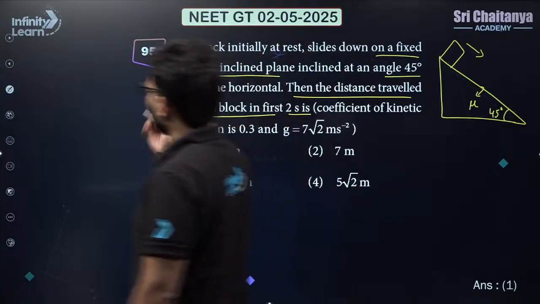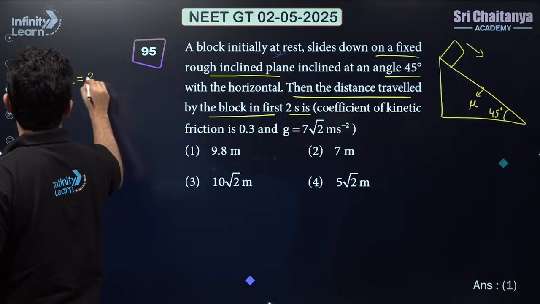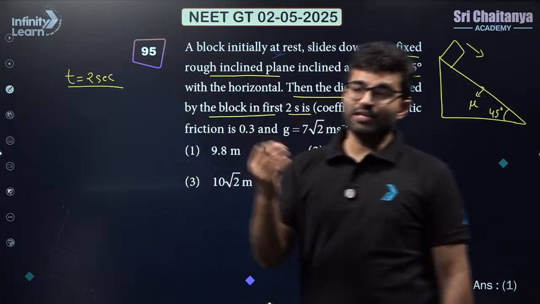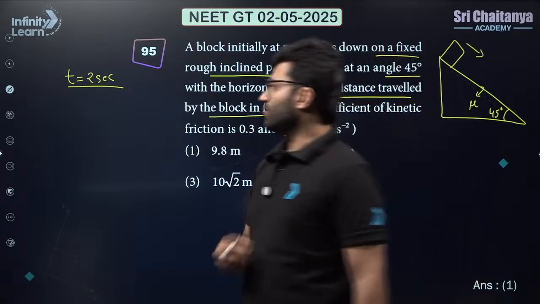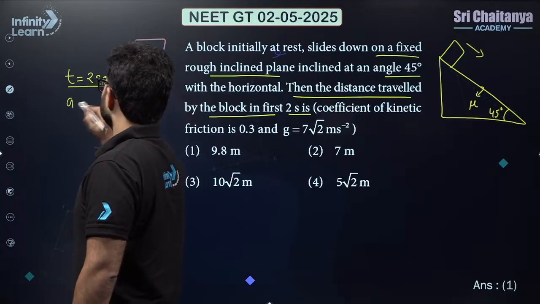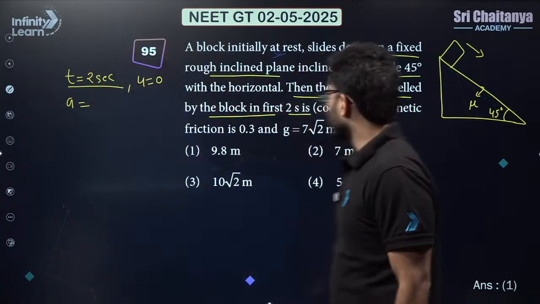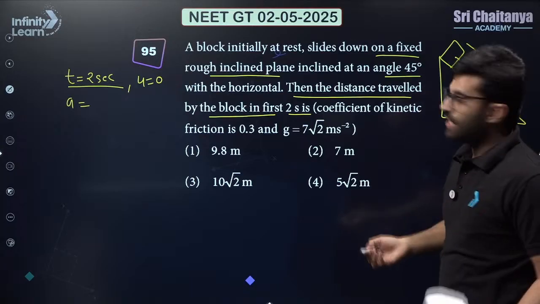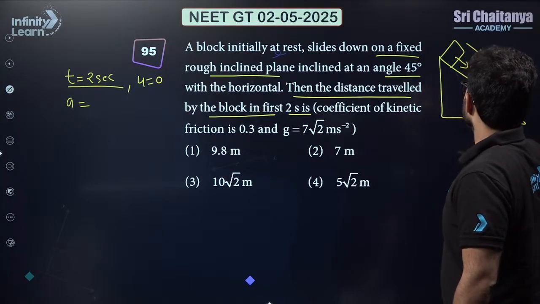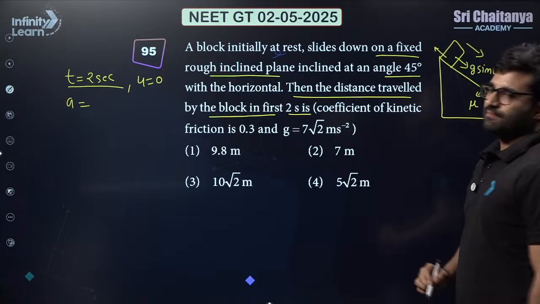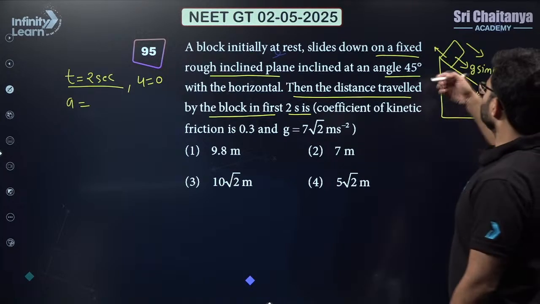So I know that the block is sliding for 2 seconds. Now I know that when it starts, it will start with an initial velocity of 0. Can I find the acceleration here with which it is sliding? Yes, I can, because from the mg part, g sine theta is acting here, and the frictional deceleration is mu g cos theta.